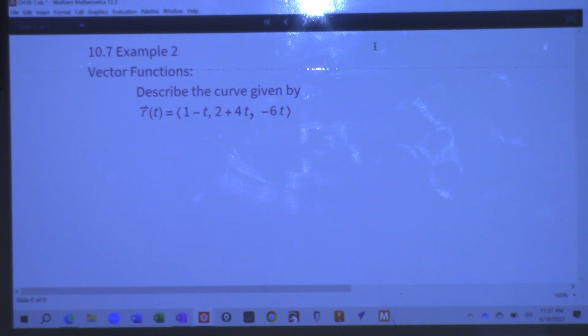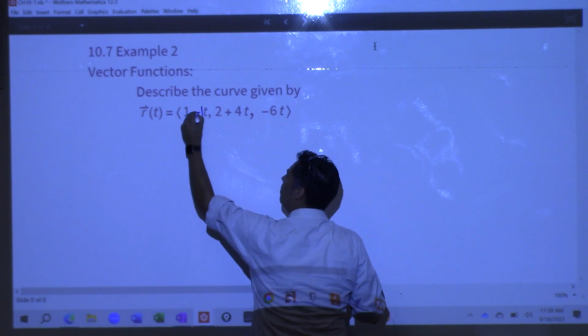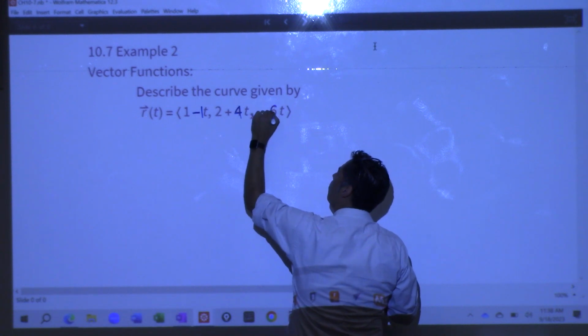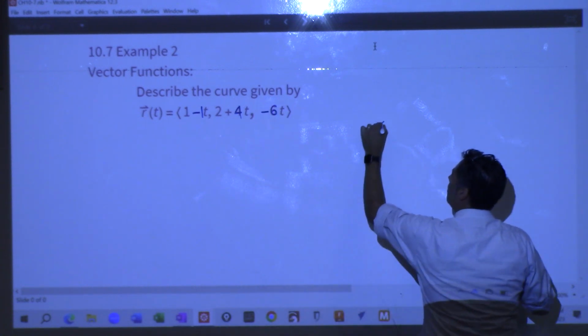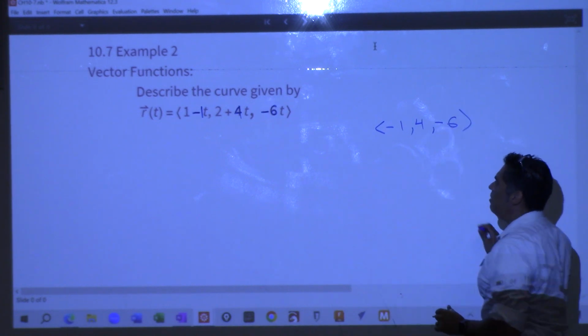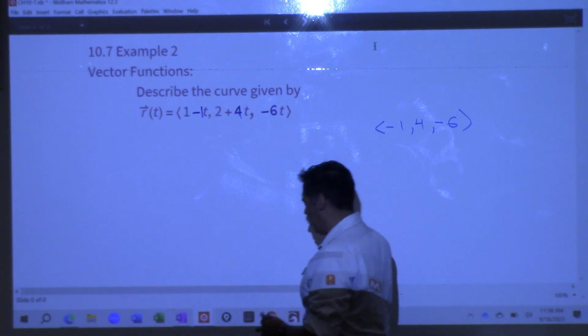Right? We have those numbers right there. What was that considered? The direction vector of our line, right? That's the direction vector of the line. And then what about these numbers here?